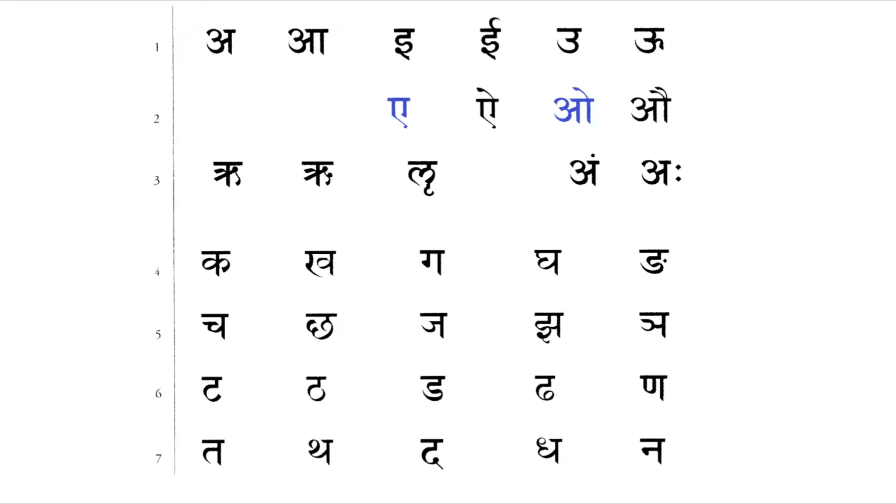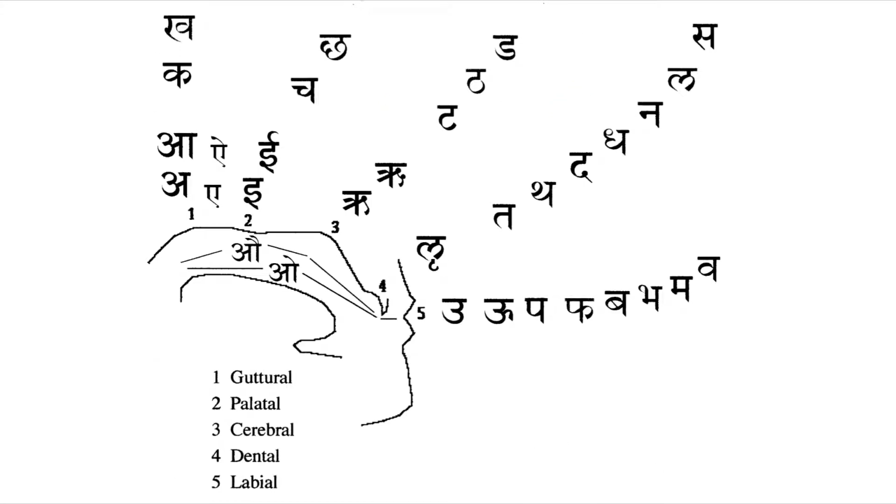The second line consists of vowels that are created from the vowel sounds that we've just learned. But in the order of the alphabet, we go to the third line for the remaining simple vowel sounds, located at positions 3 and 4.